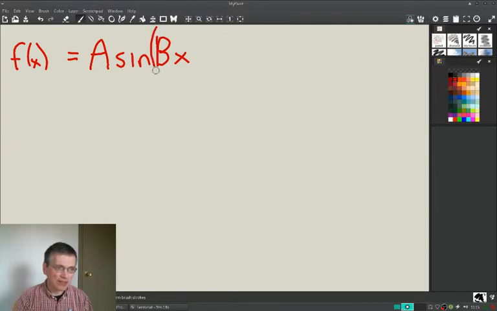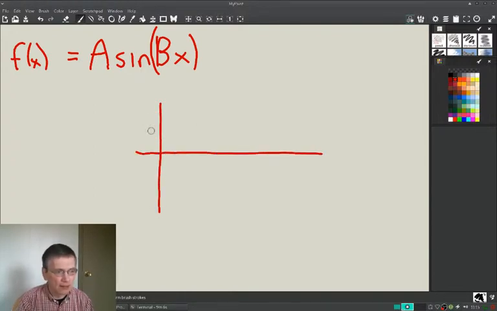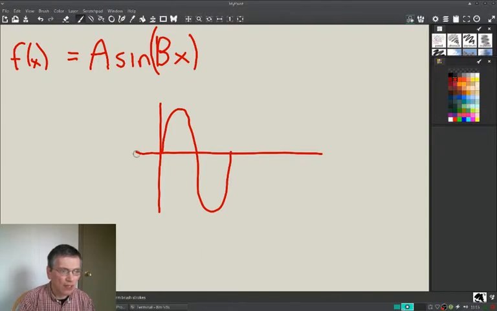So remember we did that, and amplitude controls how high the sine function goes. And B controls the period, how far out it goes this way. Normally it's 2 pi if B equals 1.